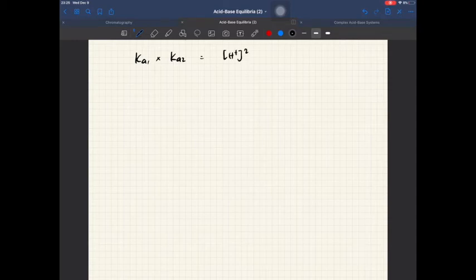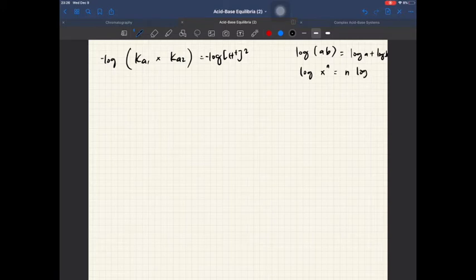In order to get the pH, we need to get the logarithm of both sides of this equality. Take note that based on the rules on logarithmic functions, log of AB is equal to log of A plus log of B, and log of x raised to n is just equal to n log of x.